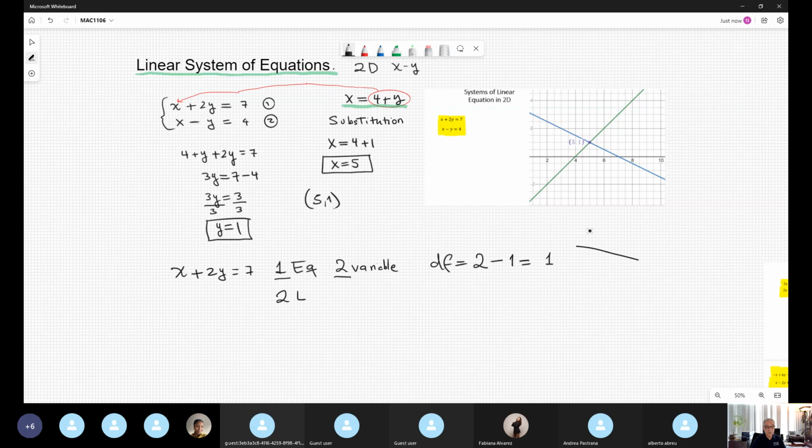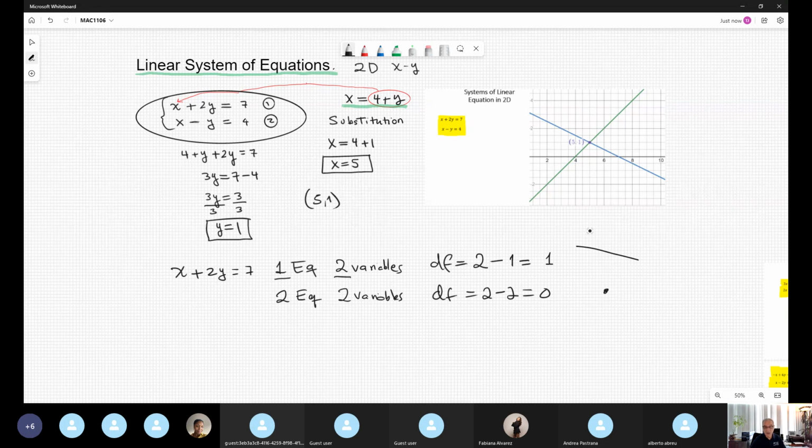You have two equations. I am talking about the original system, no? We have two equations and two variables, and the degree of freedom is 2 minus 2, which is 0. That indicates that the solution in this case, not always, but in this case, is a point. A point is the geometric object that has degree of freedom 0, because a point has no dimension, it's dimensionless.